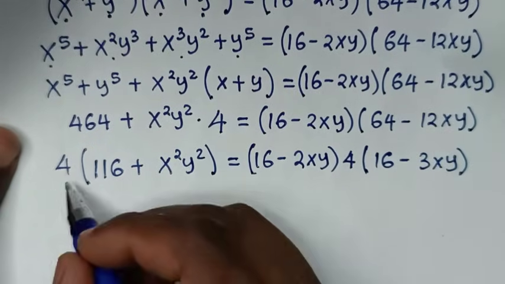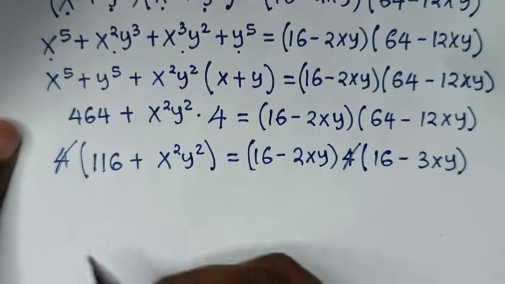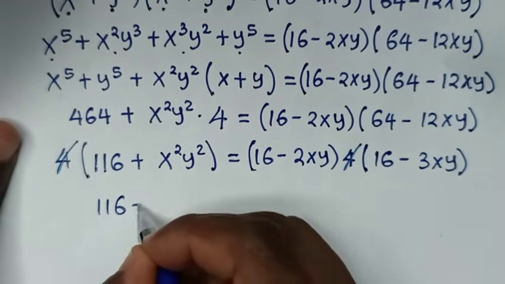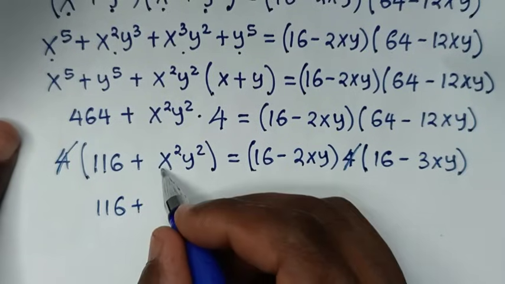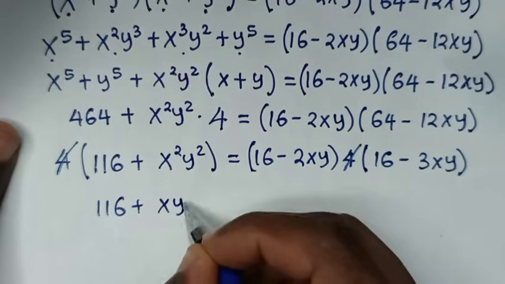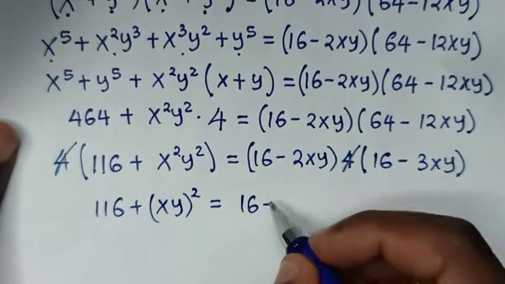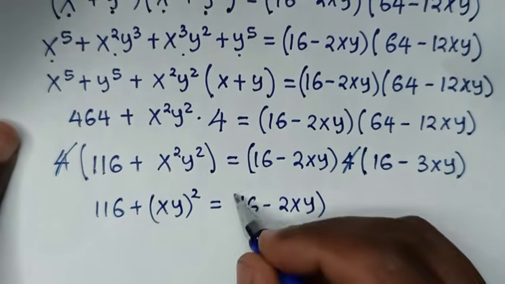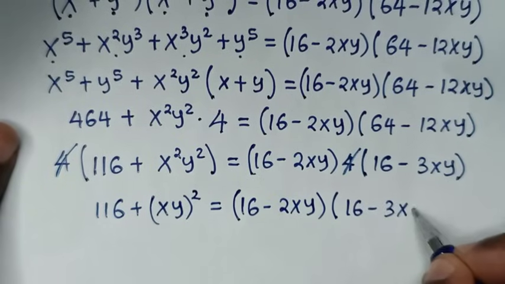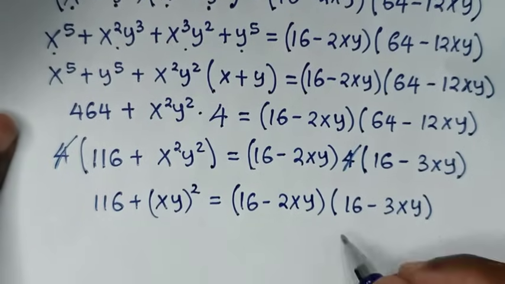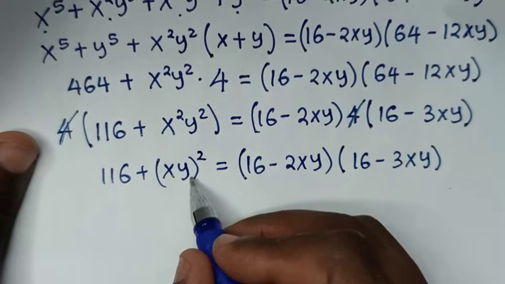Then to simplify, this 4 will cancel with this 4, so it will be 16 plus, in here x squared y squared is the same as (xy) squared, is equal to (16 minus 2xy) times (16 minus 3xy).